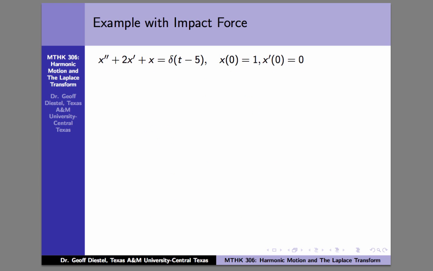So when you're having a problem like this, you're always going to get a solution of this general format. You're going to have basically your homogeneous solution for t smaller than 5, because before 5 seconds, the right-hand side is 0. There's no external force. But at t equals 5 there's an impact force. So that gives us this added term only when t is bigger than 5.